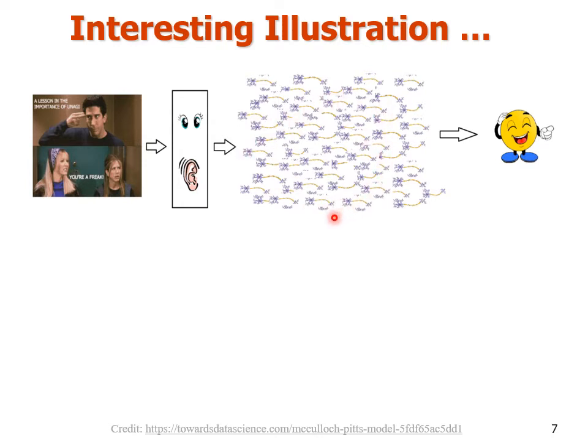Let's say we are watching a movie having audio, video and text inputs. Now the information our brain receives is taken in by the set of neurons that will help us make a decision on, say, whether to laugh or not to laugh.